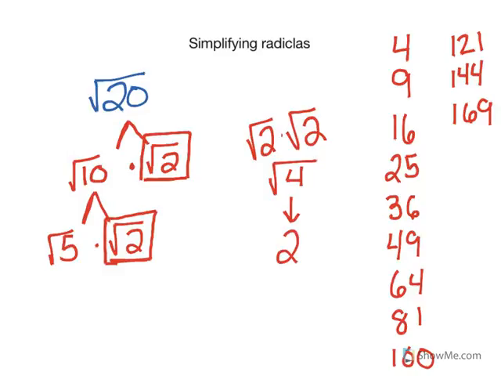So basically, the pairs of 2 come out to be a whole number 2. So our result is the whole number goes in front and we keep that radical 5 behind. So this is how we break down a radical, and when we break down radicals we can have no decimals. So let's take a look at a couple more.